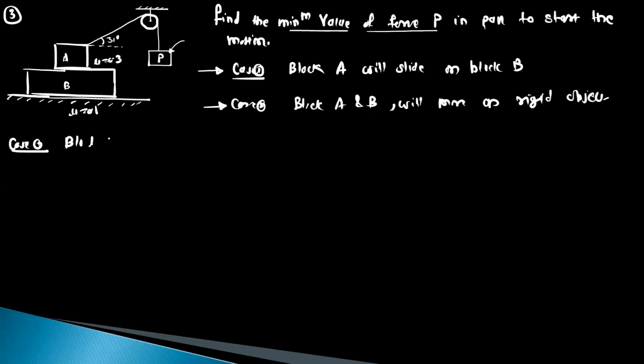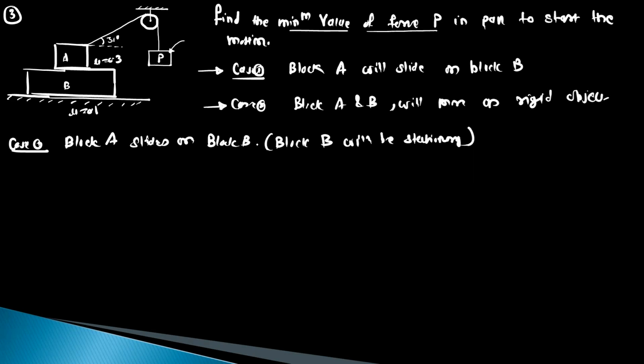So here block A slides on the block B, and for this condition block B will be stationary. So at this condition, when the block B will be stationary, at this contact surface, friction will be maximum friction.